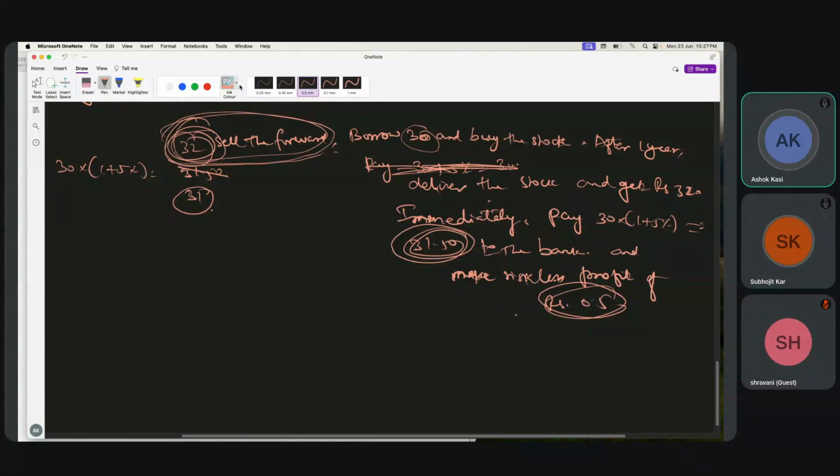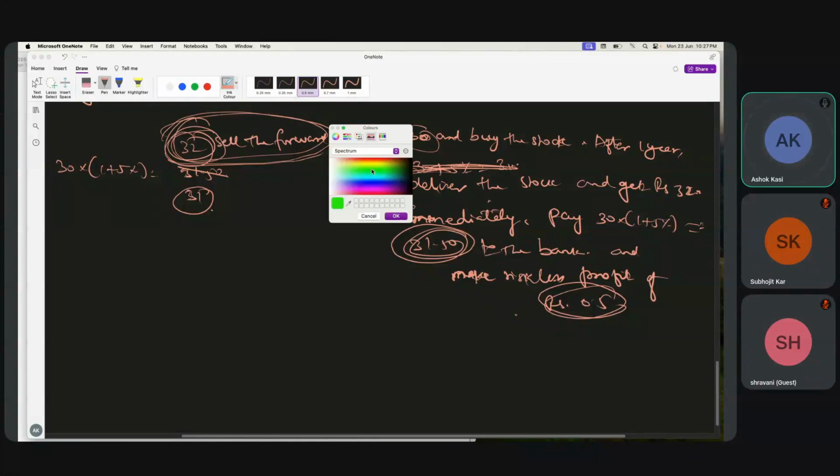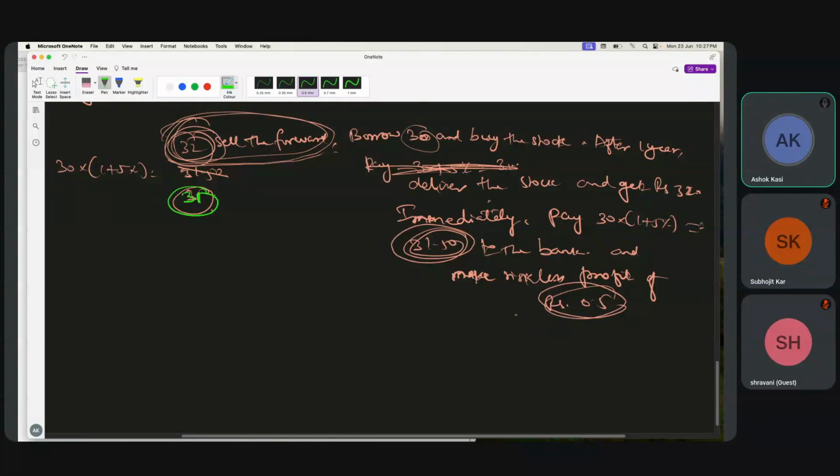Now comes the next one, when it is undervalued. Now when it is undervalued, 31. So when it is undervalued, buy the forward contract.